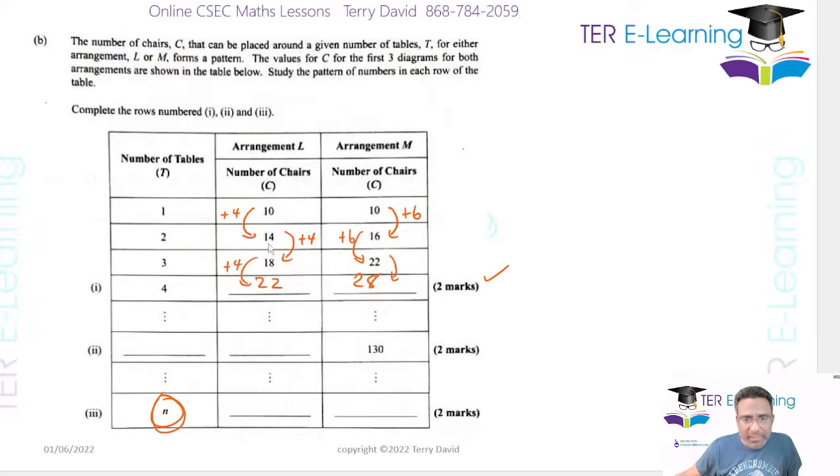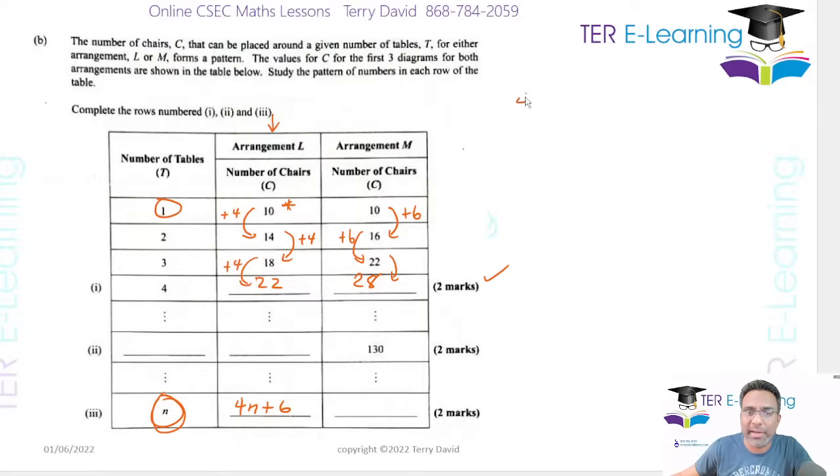The fact that we keep adding 4 in this column, that's going to appear somewhere in my equation. So if I go 4n plus 6, because when n is 1, our number of chairs here is 10.